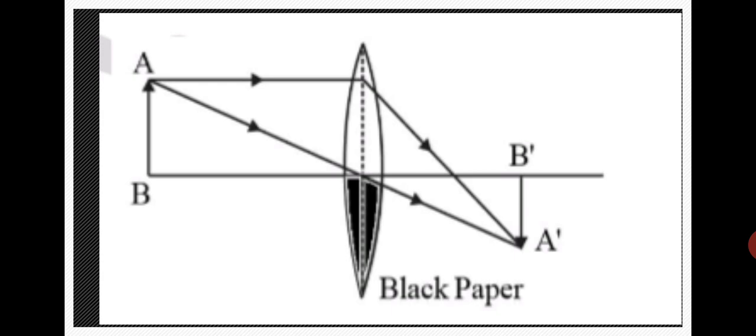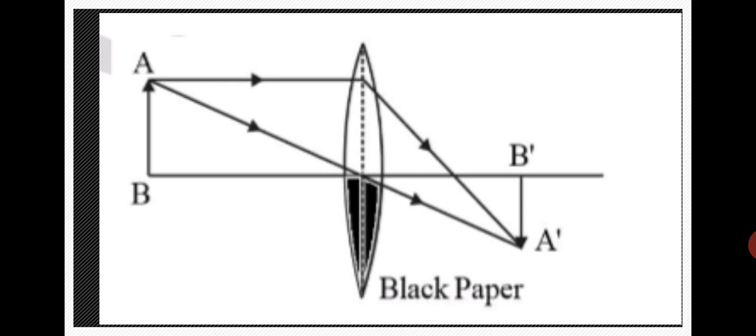So here is the ray diagram for the given case. If you cover half of the lens with a black paper and you draw the ray diagram to obtain an image, from the object AB we have taken two rays and we find the refracted rays. They meet at a point A dash B dash.